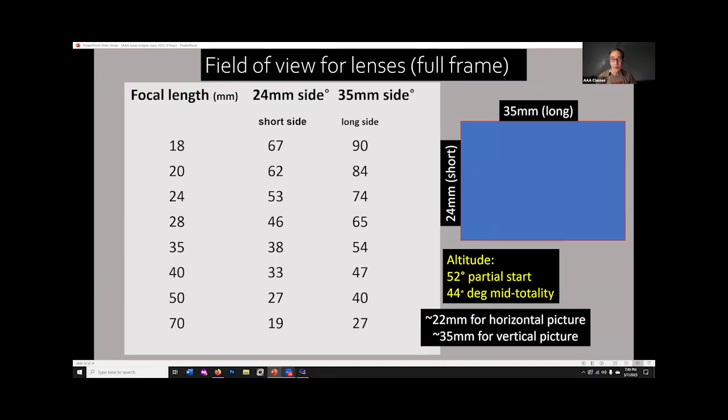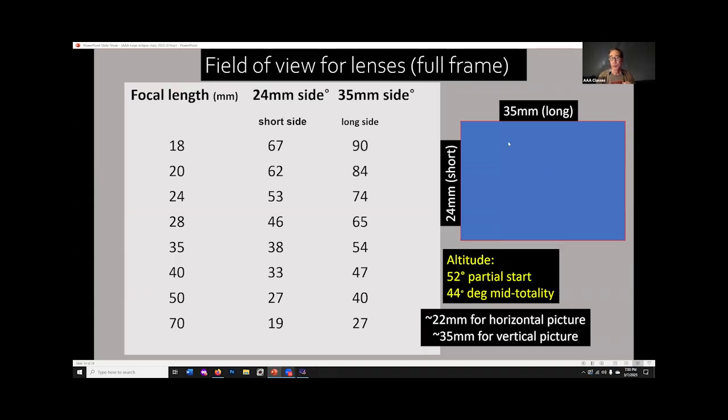But let's start with, say you want to shoot the entire eclipse. You want to start when the partial eclipse starts, so the moon will be 52 degrees up in the sky, and you want a lens that will be able to take in that field of view. The sides of these are the short side and the long side of the frame in your camera.